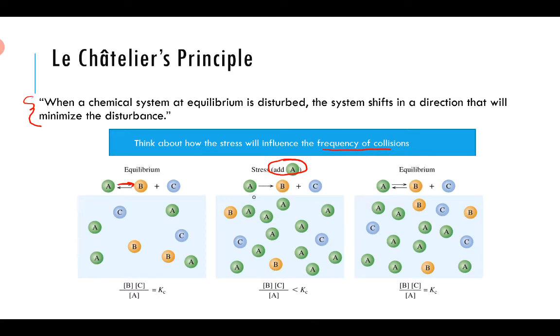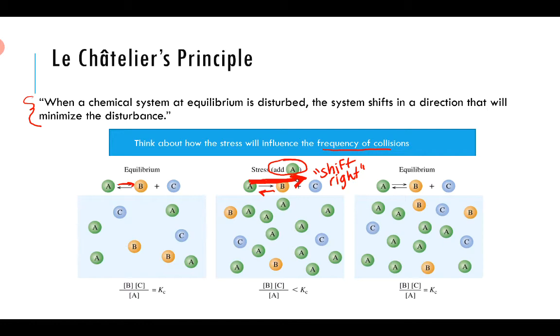So the backwards reaction was going like that. And then this is going to make the forwards reaction so much faster because we have a whole lot more A molecules that can go this direction. So we're going to be shifting right.